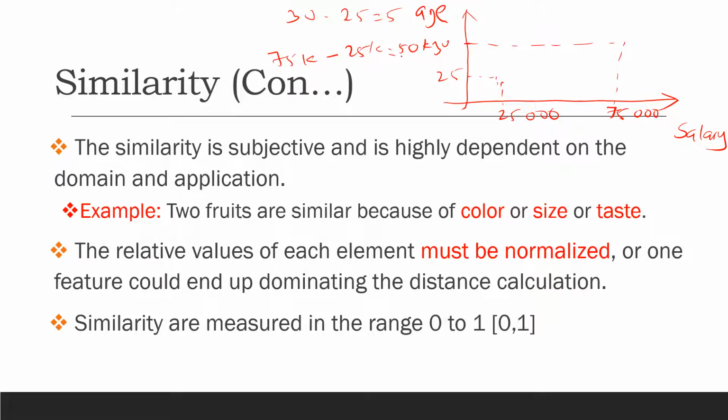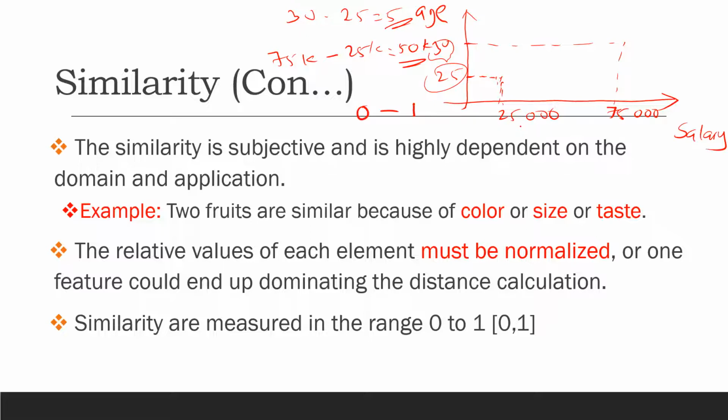So if you think about the age attribute and the salary attribute, they have different ranges. So it's not suitable, and we need to normalize the values. Normalize means we need to convert this age into a 0 to 1 range.